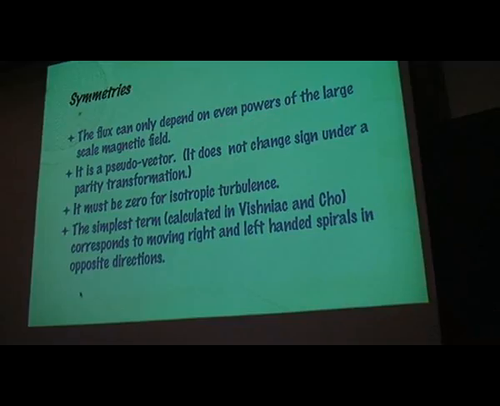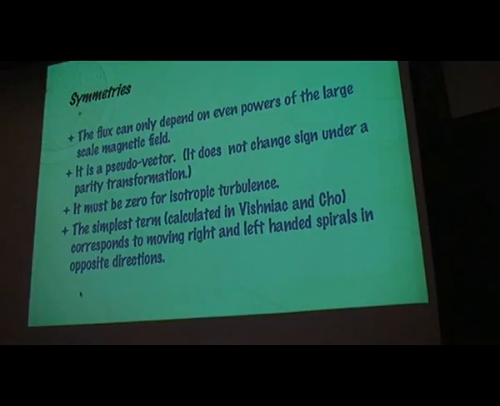If you think about what the magnetic helicity flux looks like, it looks like the magnetic helicity times a velocity. So it's got 2 powers of the magnetic field, and then a distance, and then a velocity. So you don't expect it to switch sign when you switch the sign of the magnetic field, for example. It's going to go with some even powers of a large scale field.